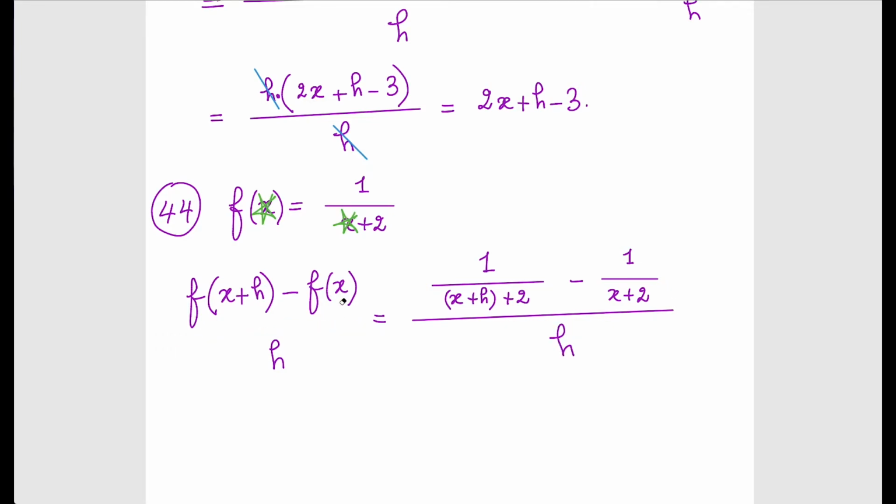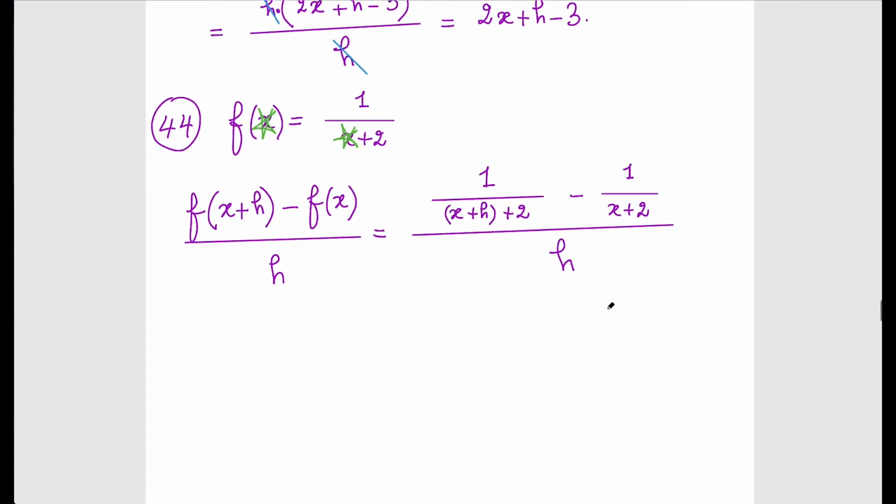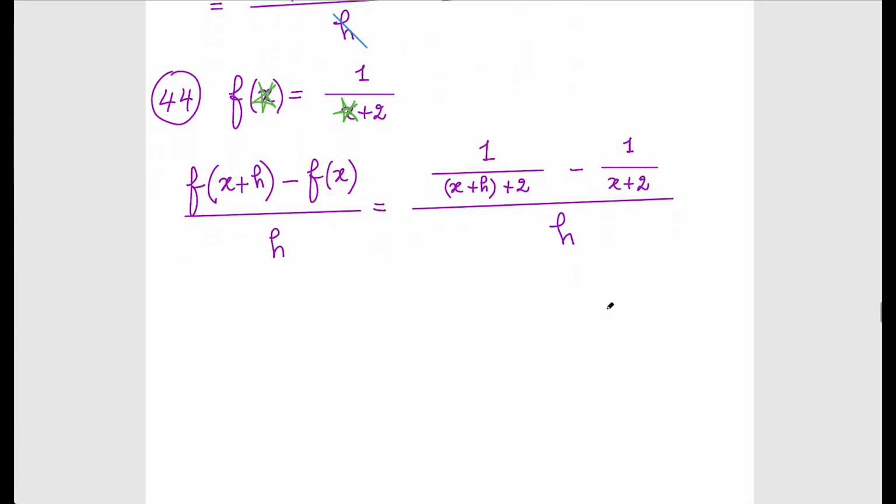Let me just erase this fraction bar, it's annoying. I'm gonna just keep it at the level of equality. Okay, so we have this, and then what? And then what? We're gonna simplify. This is what they want us to do. We need to simplify this ugly looking quotient. Okay, let's try our best.